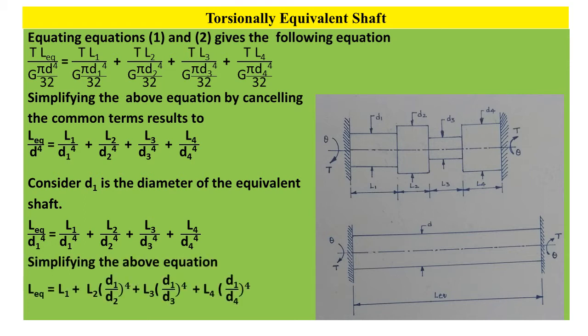Simplifying the above equation, the equivalent length LEQ equals L1 plus L2 into d1 by d2 to the power of 4 plus L3 into d1 by d3 to the power of 4 plus L4 into d1 by d4 to the power of 4. This is the equivalent length of the variable cross section shaft.